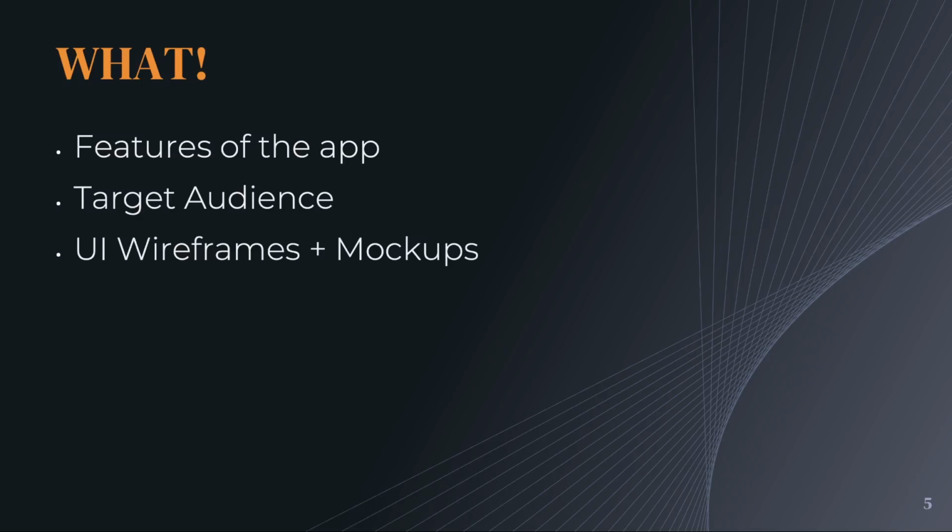The very first thing you have to do is take a step back and think about your application. What should your application do? Who are your target audiences? What are the features that you want to have in your application? How does the application UI look? I'm not talking about the UI design, I'm talking more from the perspective of UI wireframes and mockups.